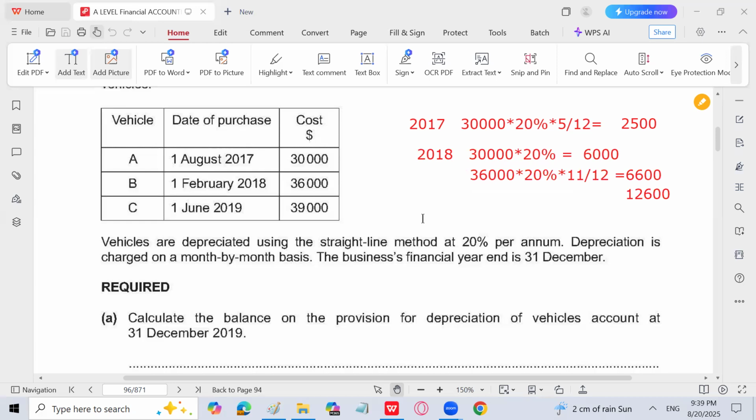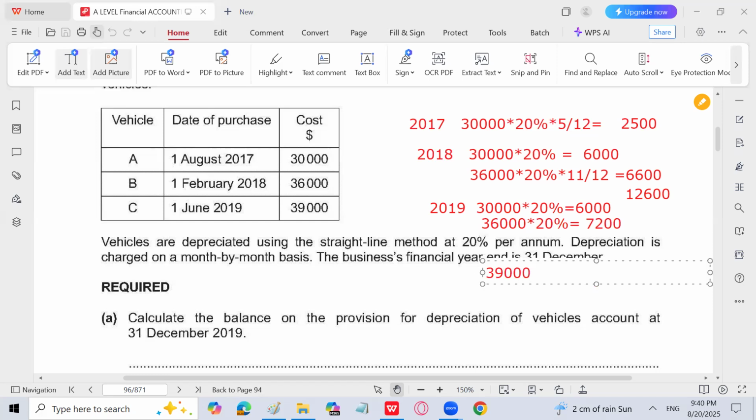Now I'm going to calculate depreciation for 2019. So now we have three assets. The 30,000 is still with us at the rate of 20% for the whole year. That is 6,000 again. The 36,000 asset is also with us. It was used 11 months in the previous year, but in 2019 it is used for the whole year. So 36,000 into 20%, 7,200. And we have purchased another asset in 2019 for 39,000 cost into 20%, purchased on 1st June.